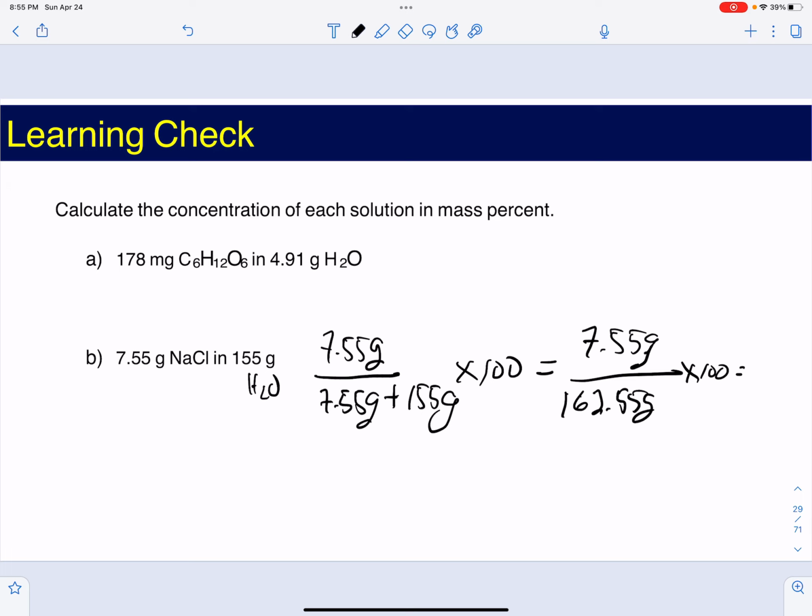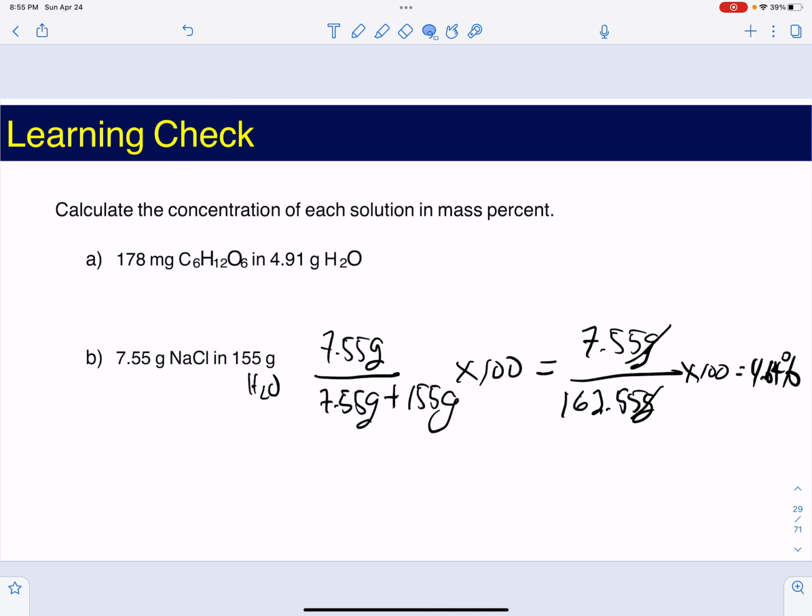That's going to be 4.64%. The grams cancel. So 4.64% is going to be the mass percentage of these solutions. So that's how we find the mass percentage.